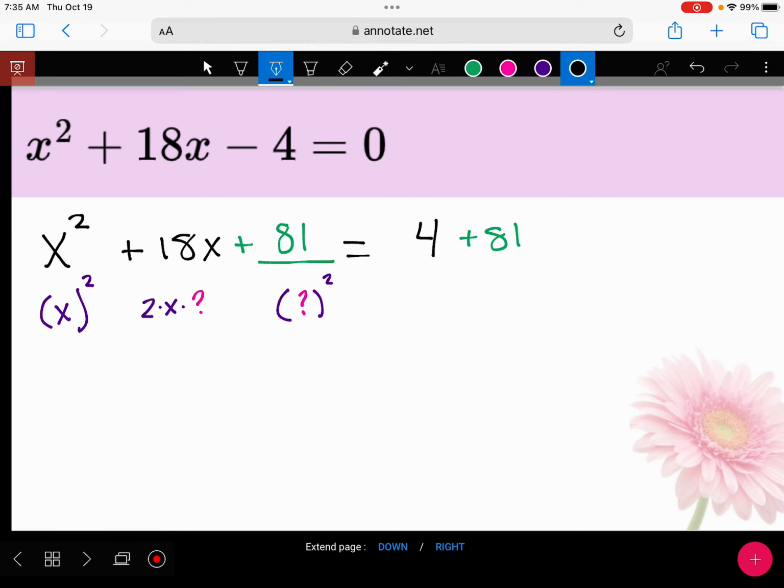And I can rewrite this as x plus 9 squared equals 4 plus 81 gives me 85.